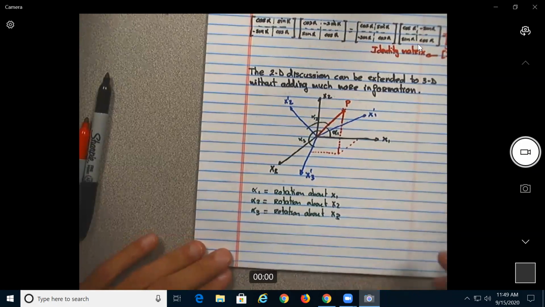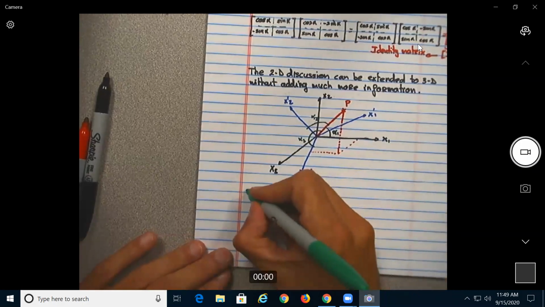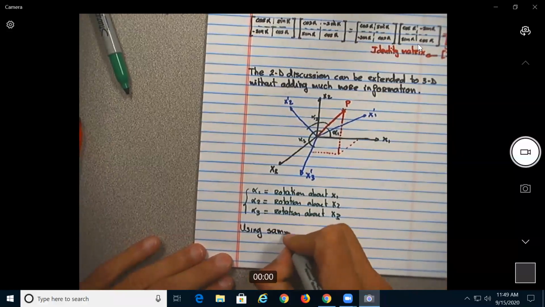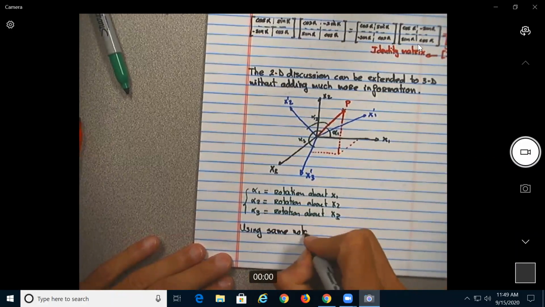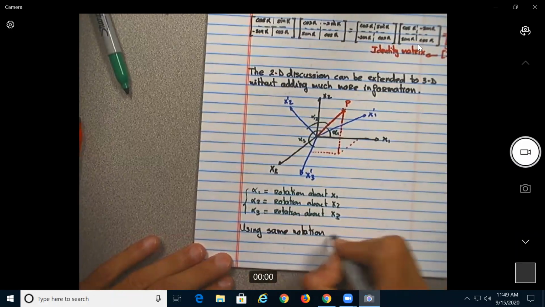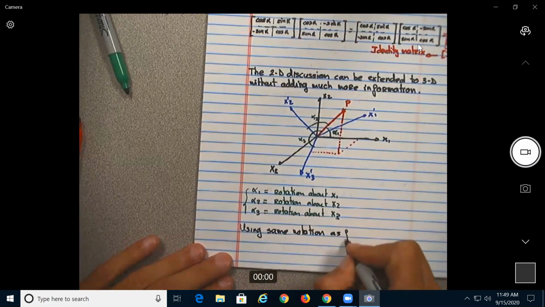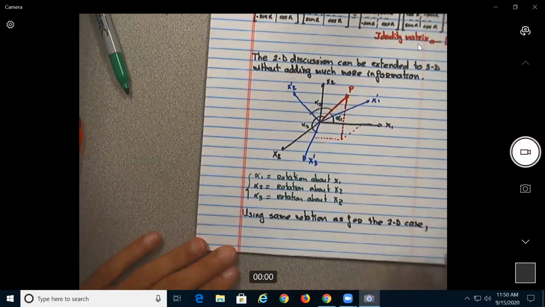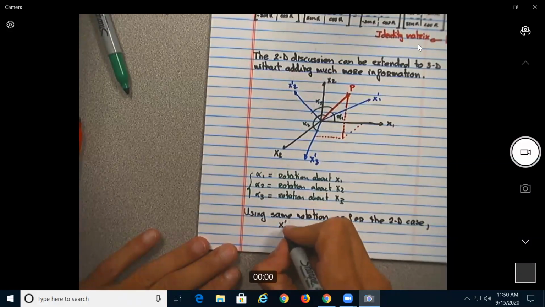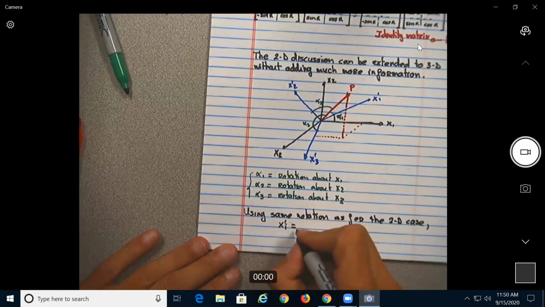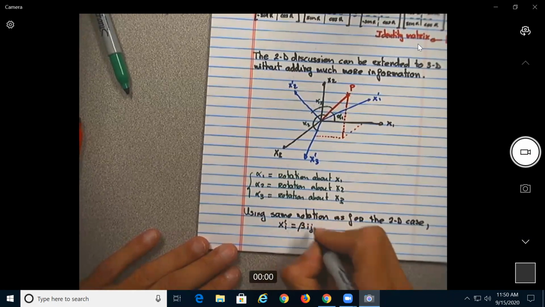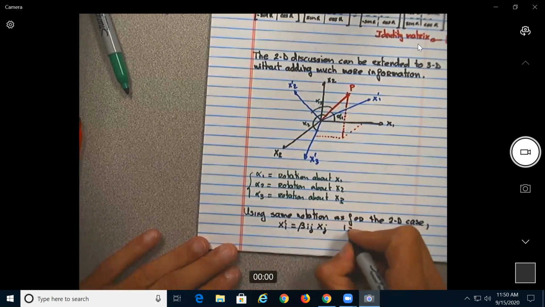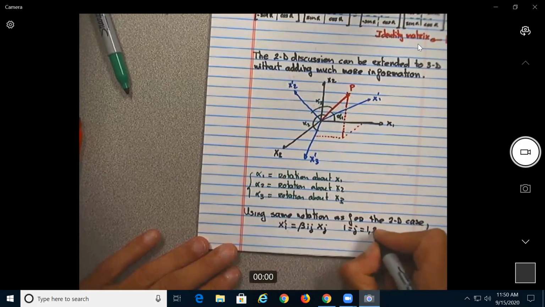Okay, so using the same notation as for the 2D case, maybe I can put it here. We have x prime i will be equal to beta ij xj, but this time i and j will be equal to 1, 2, and 3, not just 1, 2.